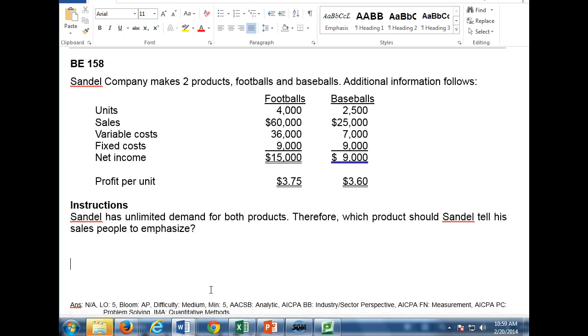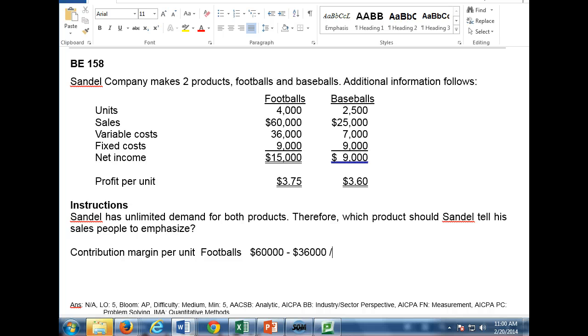Well, let's talk about that. Let's look at the contribution margin per unit. So the contribution margin per unit, we've got $60,000 in sales of footballs, and our variable costs are $36,000, right?